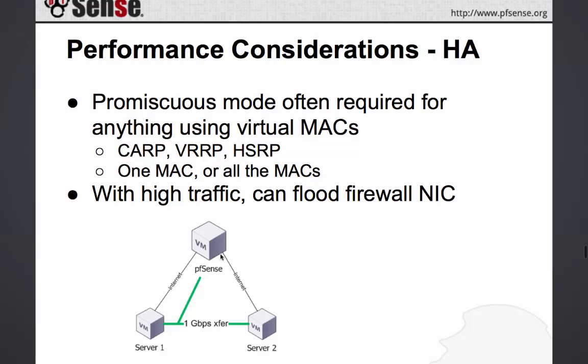You basically either have to replace the vSwitches with some of the third-party ones that are available out there that will let you send two or however many MAC addresses you need and not dump all the traffic to the firewall, or go with physical firewalls. In most of the cases I've seen, people have gone with physical firewalls.